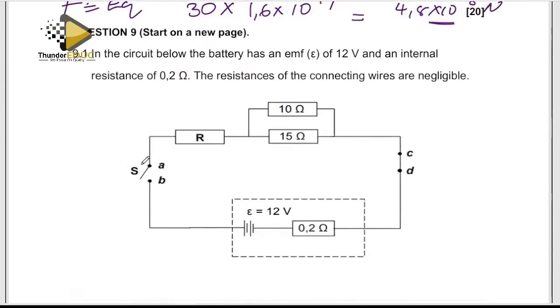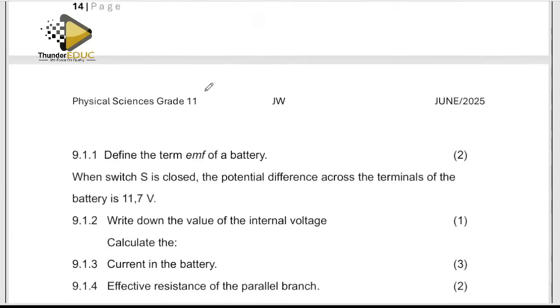Question number 9, in the circuit below, the battery is having an EMF of 12. There is an internal resistance of 0,2 ohms. The resistances of connecting wires are negligible. Can we define the term EMF?